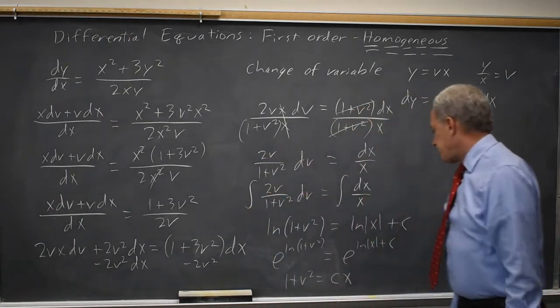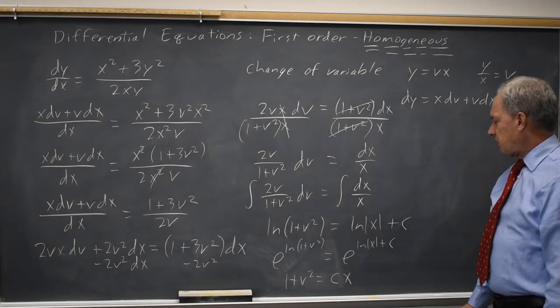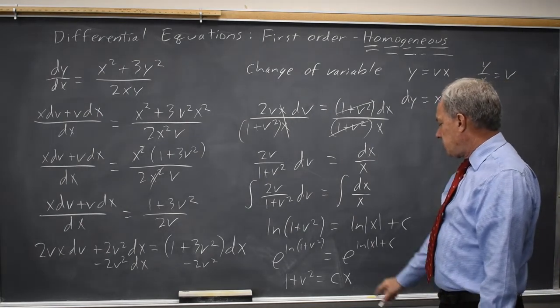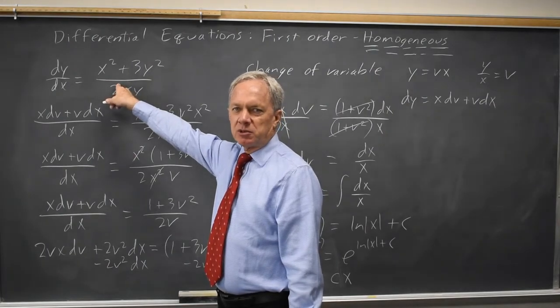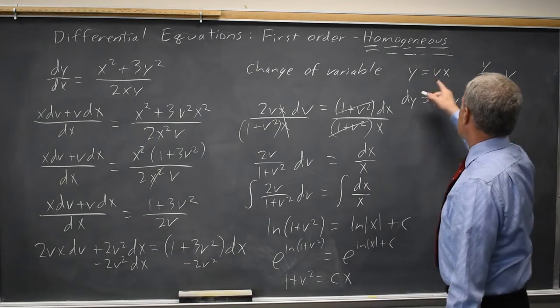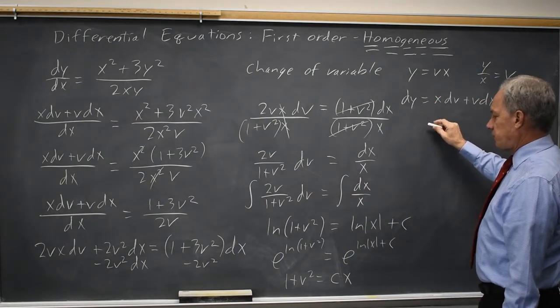And I'm dropping that absolute value because I'm happier without it. Now what? This is not the solution to my original equation. My original equation was y and x. This has a v, so I have to substitute back in y equals vx, so v equals y over x.